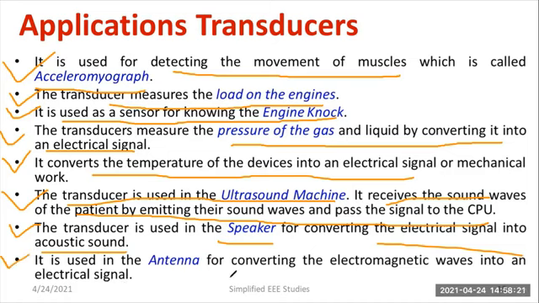And in the area of communication, the antenna is one of the best examples of a transducer. What is happening in the case of an antenna? Electromagnetic waves will be converted into an electrical signal with the help of the antenna. So the antenna is one of the transducers. These are a few applications we could list out. There are many more. So this is regarding the applications.